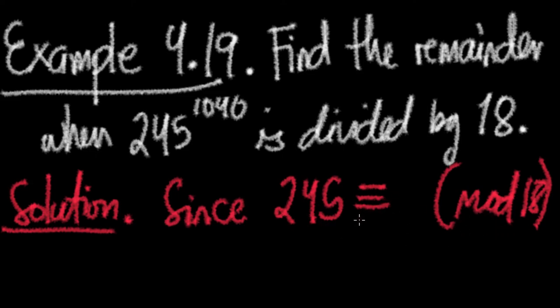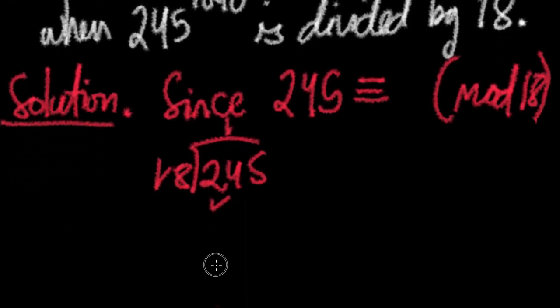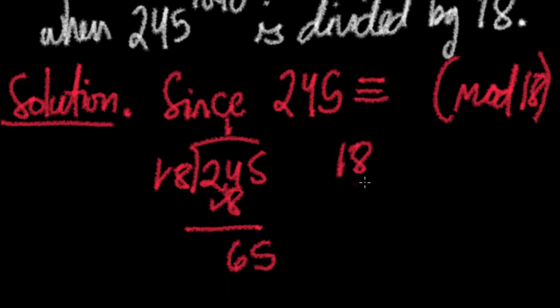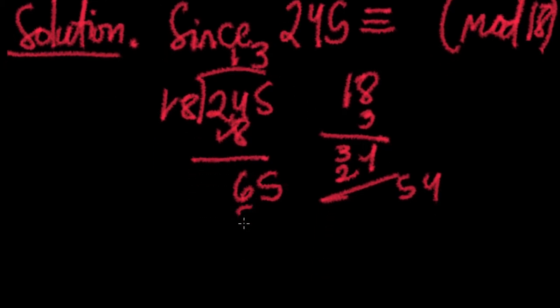We can solve that by normal division. 18 times 13 is 234, and that's going to give us a remainder of 11.